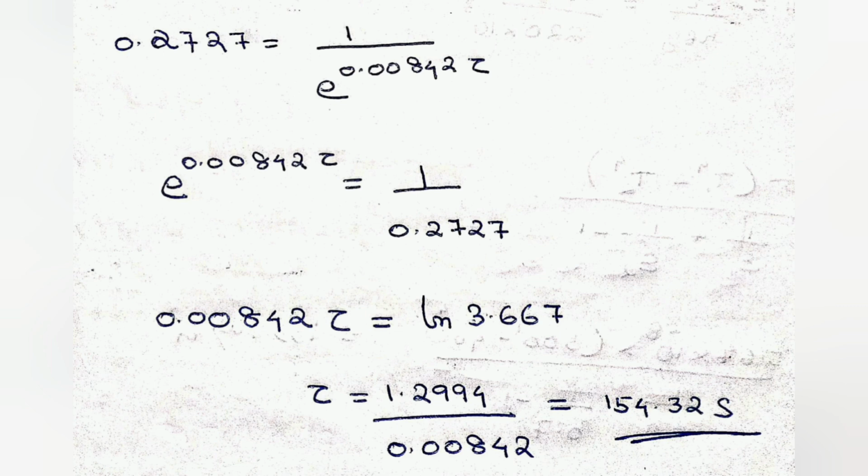Taking log on both sides, we get 0.00842 tau is equal to ln 3.667. Tau is equal to ln 3.667, which is 1.2994, divided by 0.00842, which is equal to 154.32 seconds.